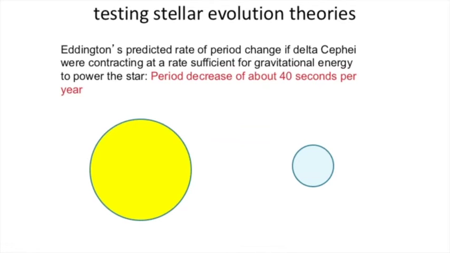He says, well, I don't know a lot about Cepheids, but from how big they seem to be, in order to power a Cepheid like Delta Cephei, that star should be decreasing in period by something like 40 seconds a year. This period should be going down pretty fast. And, well, Pigott and Goodricke started observing more than 100 years ago, even at the time that Eddington was working. So he and Hertzsprung look at all the period change data of Delta Cephei obtained since that time.